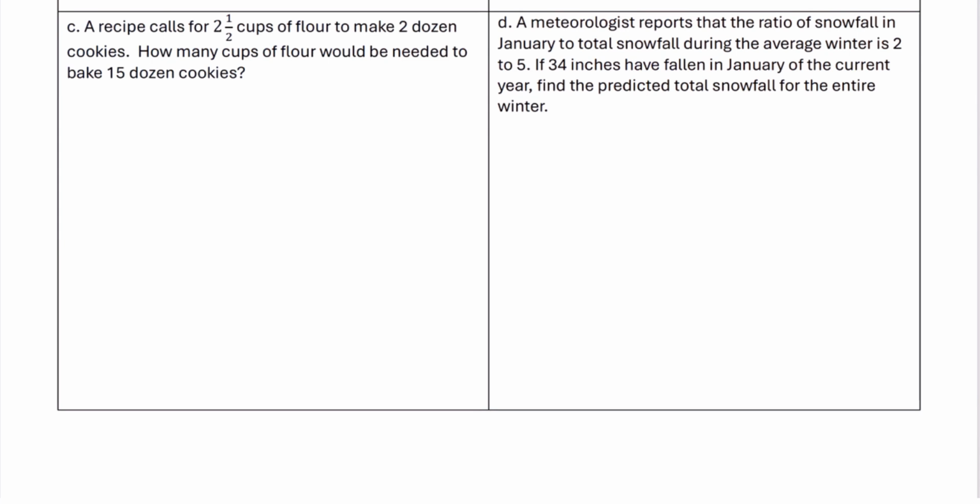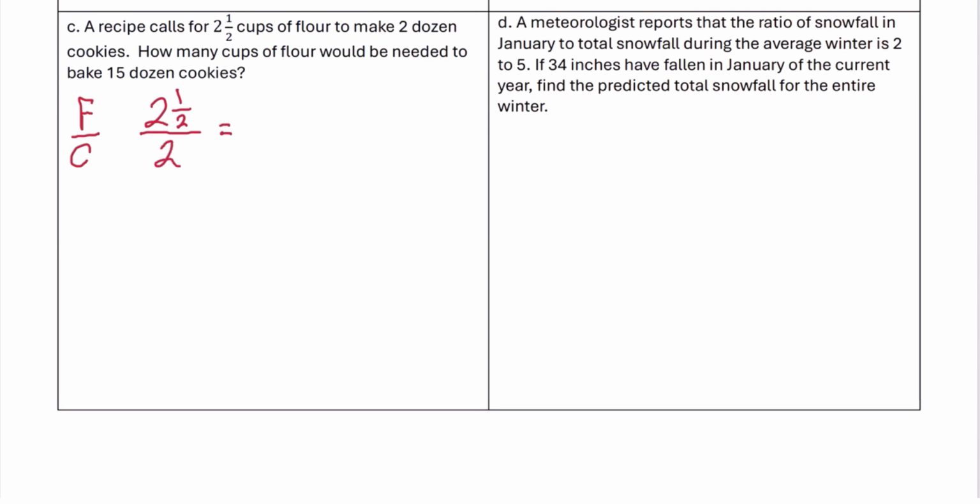In example C, a recipe calls for 2.5 cups of flour to make 2 dozen cookies. How many cups of flour would be needed to bake 15 dozen cookies? So let's use the ratio of flour to cookies. In the numerator, we're told that 2.5 cups will make 2 dozen cookies.